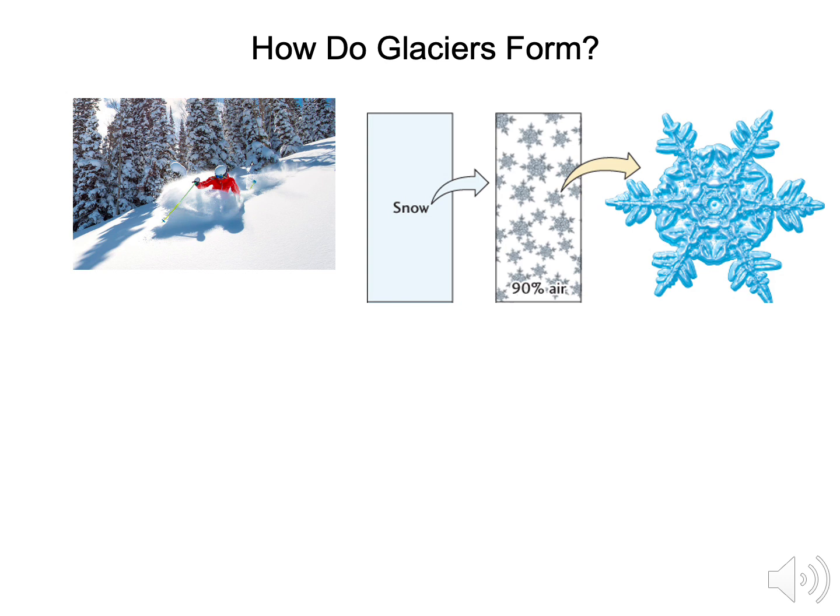If we take a look at the screen, this gives us an indication that if the temperatures are cold enough and we have enough moisture in the air, snow can be produced. If we look at the figure, you'll first see a skier skiing some powder, that powdery snow. The reason that snow can be more powdery is because it contains a lot of air.